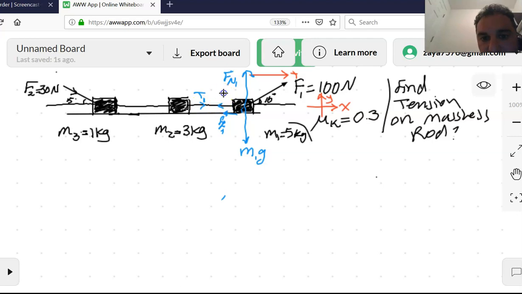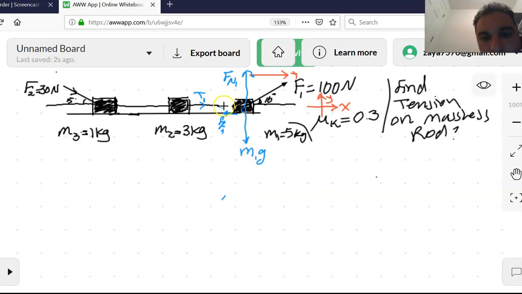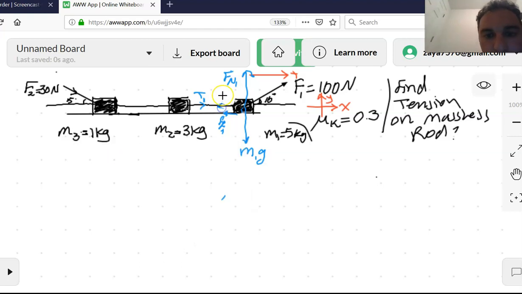So this is T1 too. This T1 pulls M2 to the right.